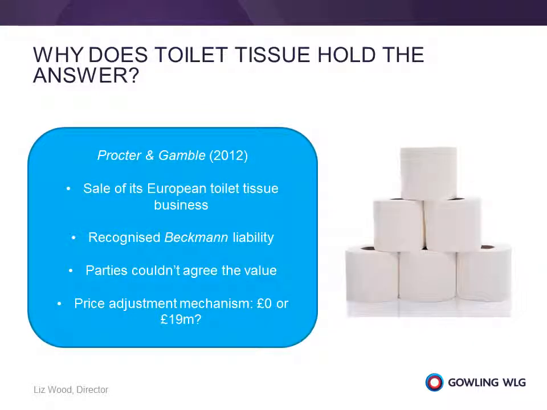Procter & Gamble said that the buyer of the business simply didn't have any exposure, and so the rights attached to those Beckman rights were £0, and the buyer said that these rights were prohibitively expensive and worth around £19 million. So this is essentially why it reached the High Court.